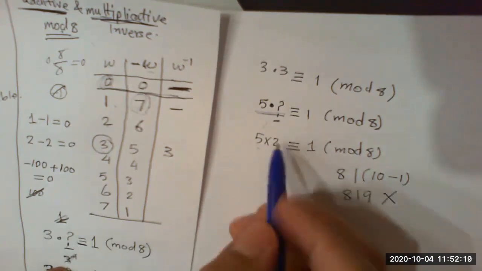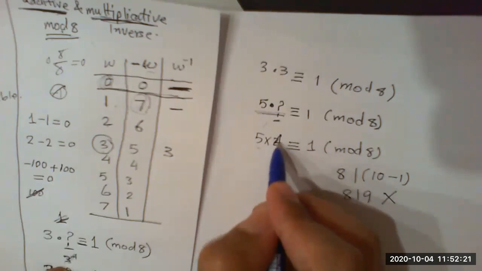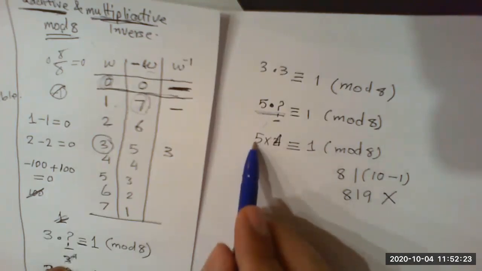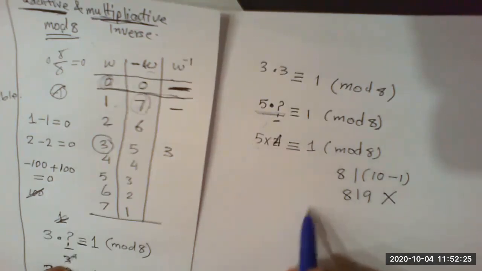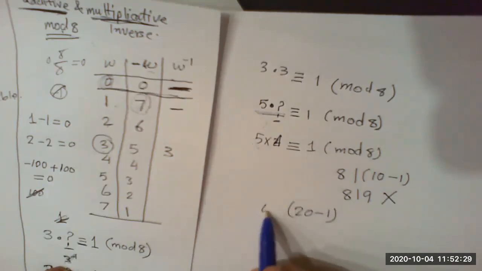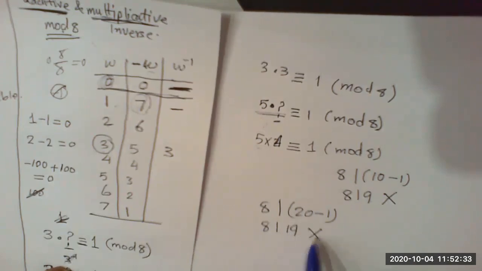So I try, for example, 4. 4 multiplied by 5 equals 20 minus 1. I make sure that 8 divides this difference, 8 divides 19. No, this is not true.